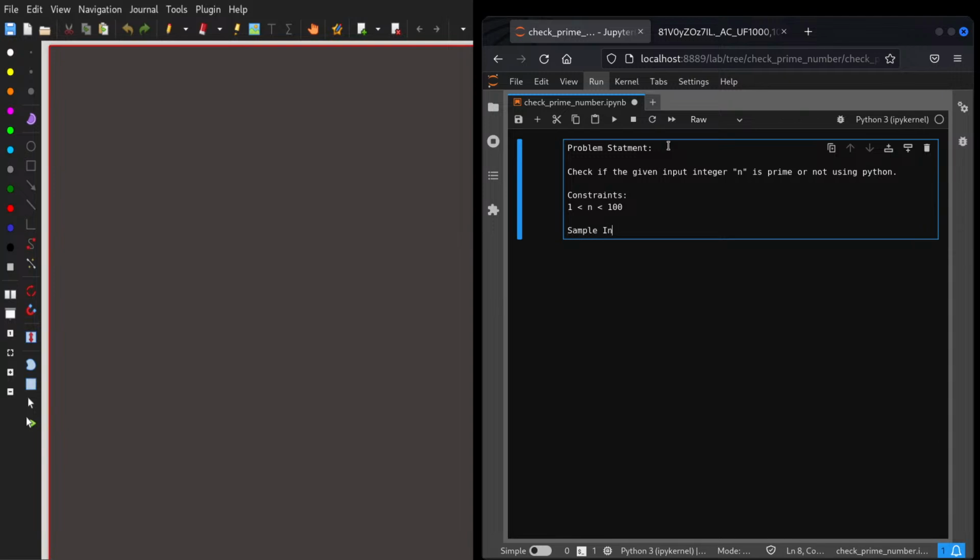Sample input 1: enter n, 3. The output is: 3 is prime.